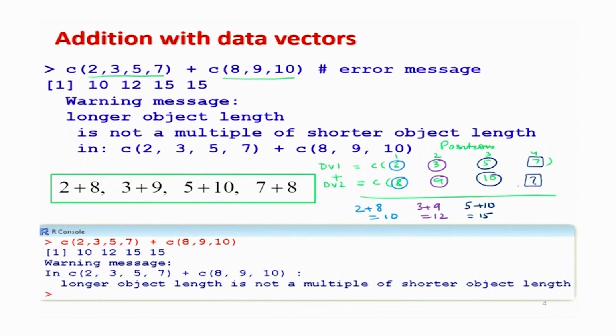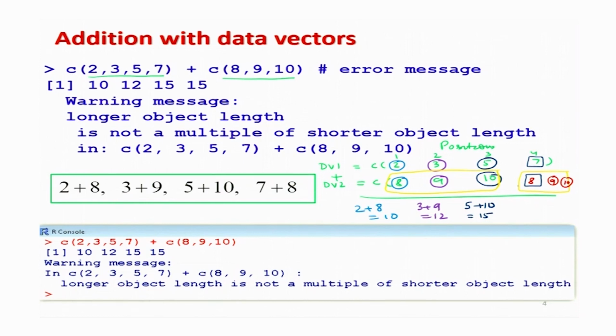The data vector of the shorter length here is 8, 9 and 10. So this 8, 9 and 10 is going to be repeated here. This place is filled with 8, and then the 2 more values, 9 and 10, will also come here.